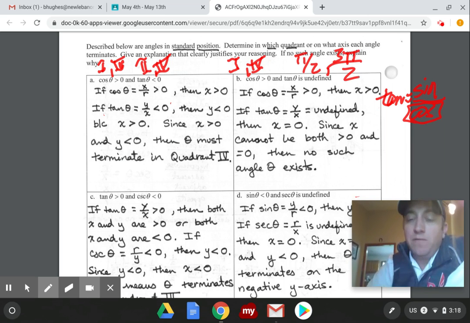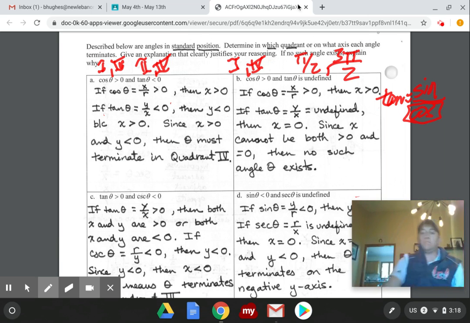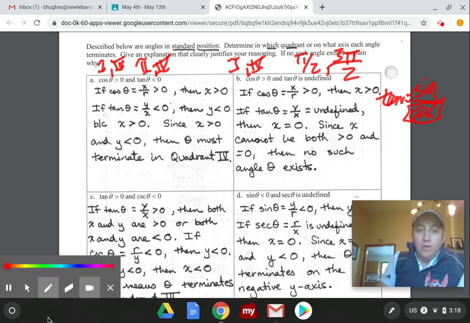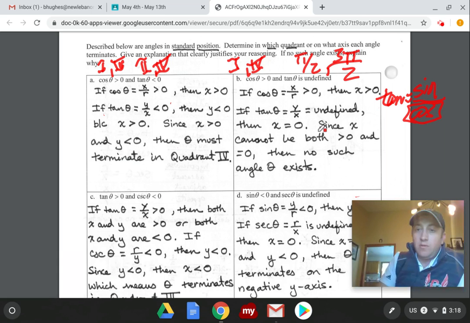So if I'm looking for the angle that fits both of those, there's no angle that exists because it can't be in quadrant 1 and at pi over 2. Pi over 2 and 3 pi over 2 are not in a quadrant. That's on an axis. And the last two questions are really just the same, just talking about it a little bit further. And really that wraps up our notes for everything today.